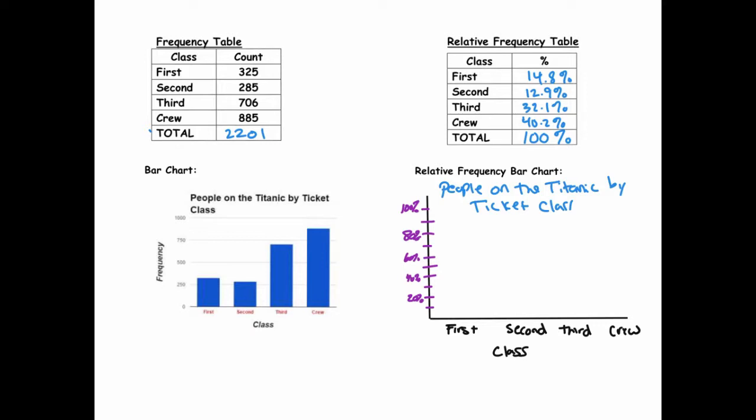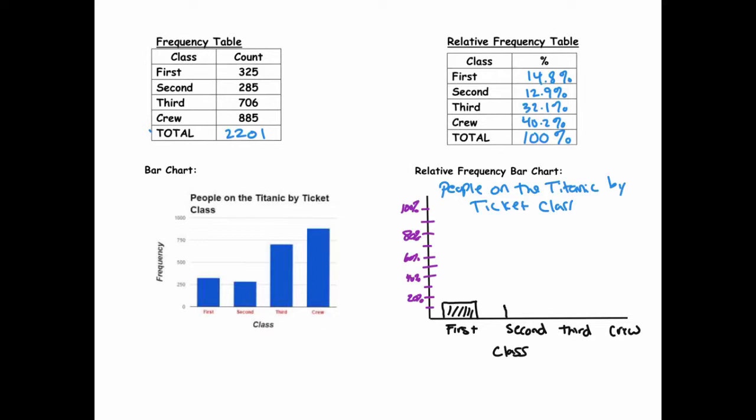So for first class, if I look above, it looks like 14.8% of people on the Titanic were in first class. So I'm going to go up to roughly 14.8%, which is somewhere around here. Second class, it looks like about 12.9%, so that should be roughly here.